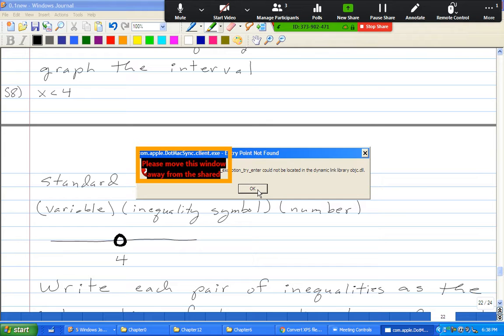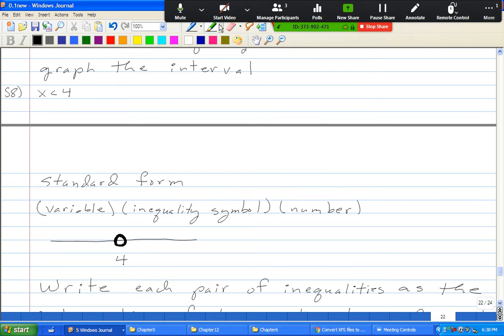Note that if it's in standard form, then this arrow here, let's make it a little bit bigger, points in the same direction as this arrow. So this arrow points in the same direction.